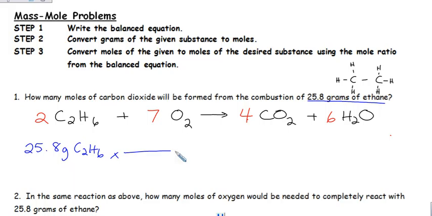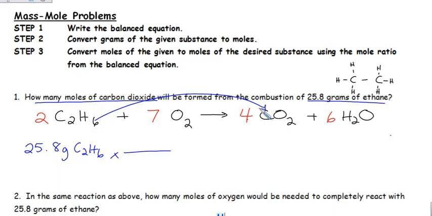Problem here is that my original number is in grams. Eventually, I want to know how many moles of carbon dioxide will be produced. So I want to switch from ethane to carbon dioxide. And I want to be able to use that 2 to 4 ratio. But that is not a ratio of grams. It's a ratio of particles or moles.